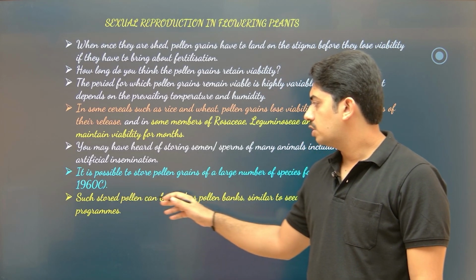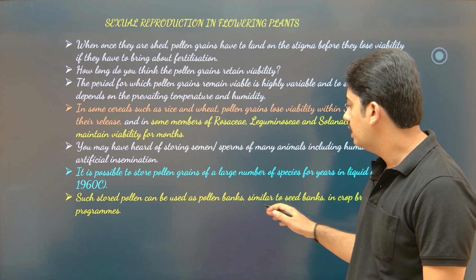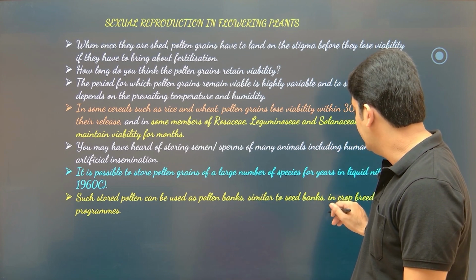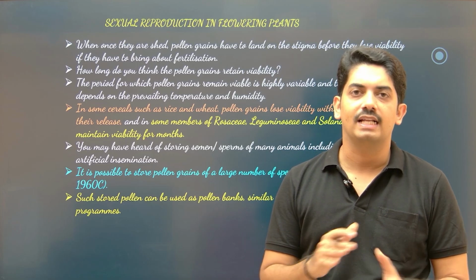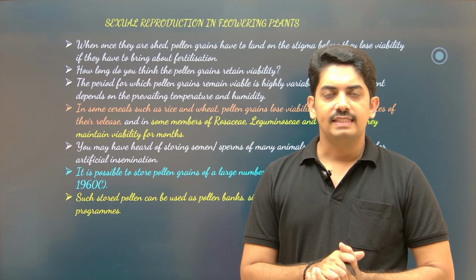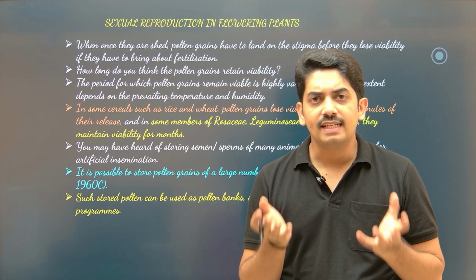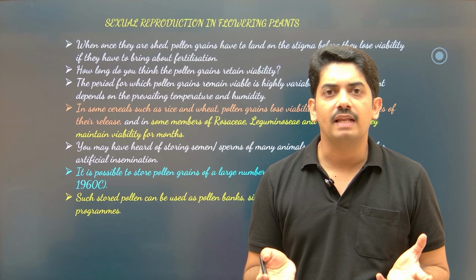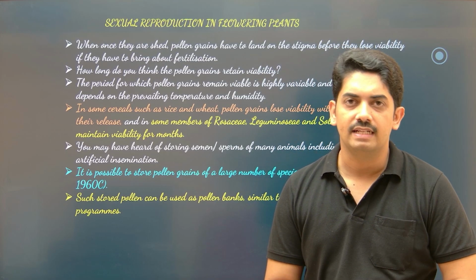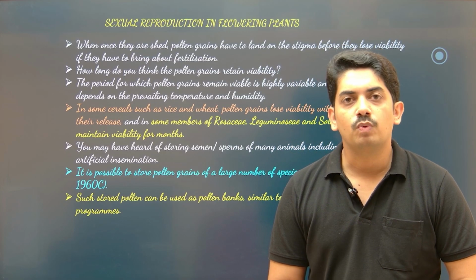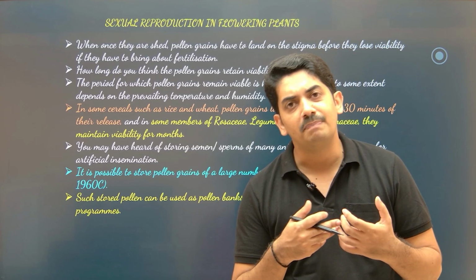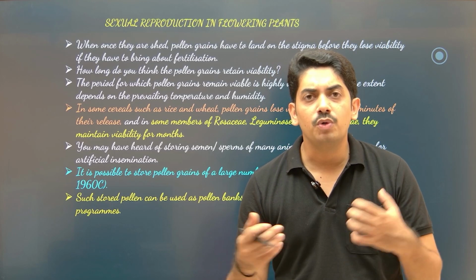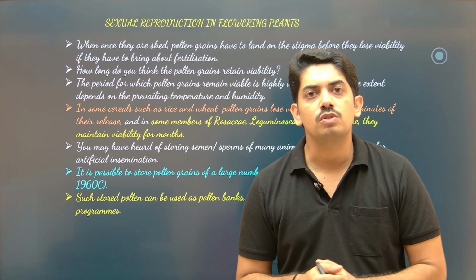So such stored pollen can be used as pollen banks, similar to seed banks in crop breeding programs. A very, very important aspect. See, the genetic resource of any plant is very important for any country. So sometimes what happens, because of over exploitation, a plant may undergo complete extinction. How do you conserve the genetic resource of such plants?